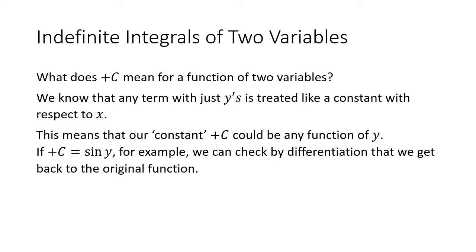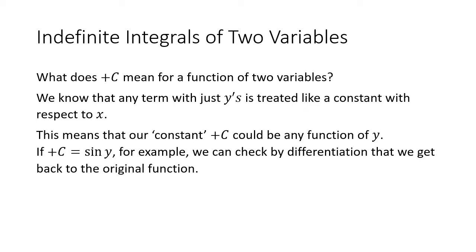So just for example, if that plus c was really sine of y, well, if we go the other direction and check our answer by taking the derivative, what's the derivative of sine of y with respect to x? Well, 0. What's the derivative of any constant with respect to x? It's 0.